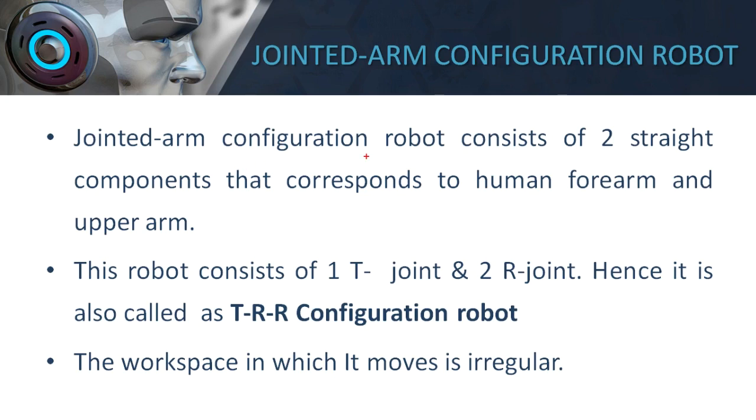Okay, so jointed arm configuration robot consists of two straight components that corresponds to human forearm and the upper arm. So that is why this particular configuration robot is actually used widely, because it can perform any operation which is done similar by a human being. So that is why this configuration robot is called as human forearm, and then that is jointed arm configuration robot.